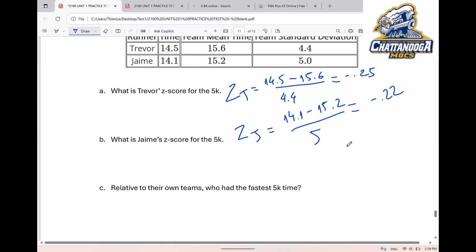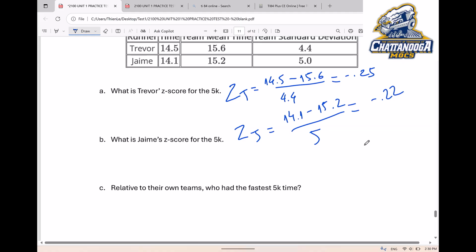So we must see, relative to their own team, who had the faster 5K time. Basically, the faster person is the one with the smaller z-score, because the less time you run, the better you are. This is a little bit tricky in terms of running time.